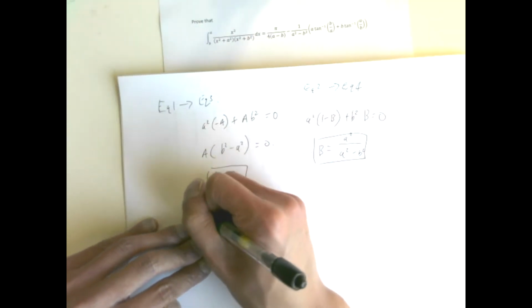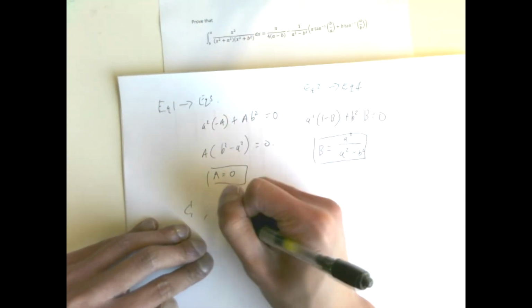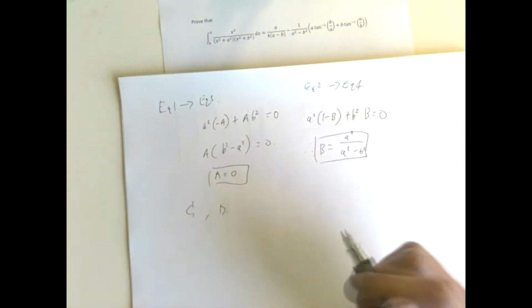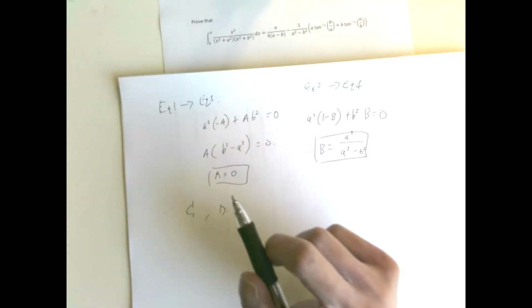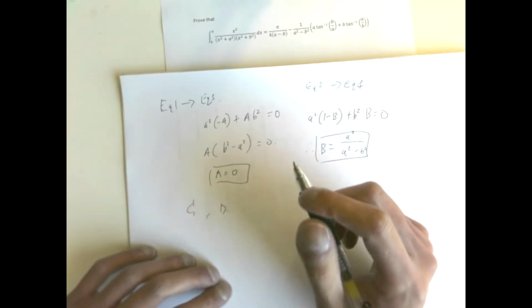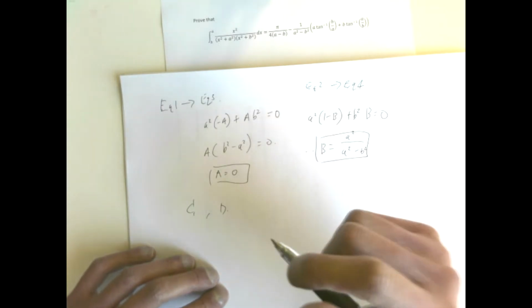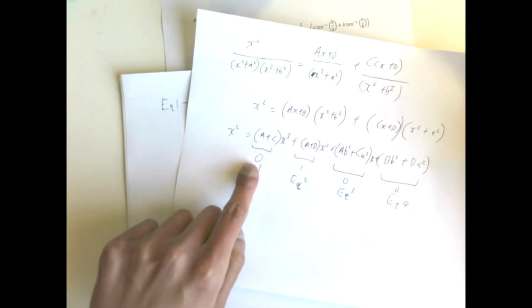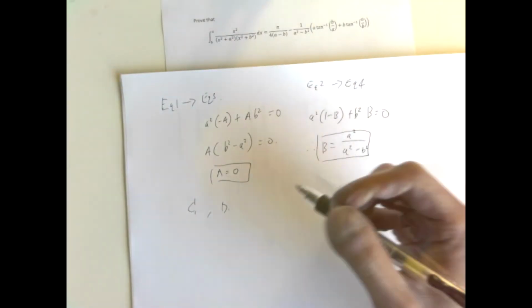Capital C and capital D, on the other hand, since we know that capital A must be 0, and that from equation 1 over here, A plus C is equal to 0, C itself has to be 0.